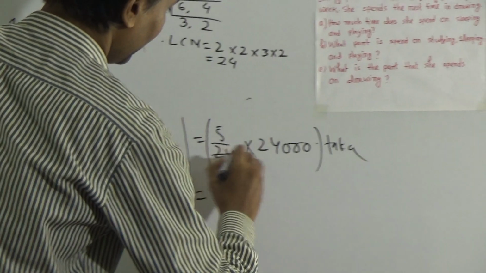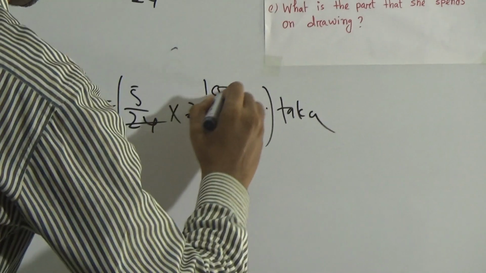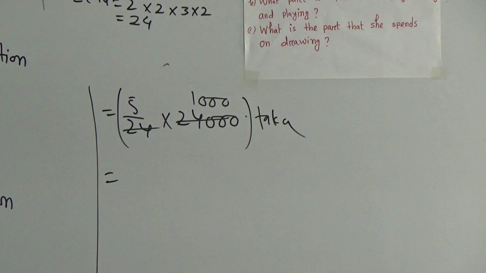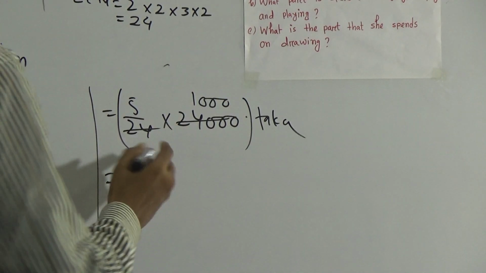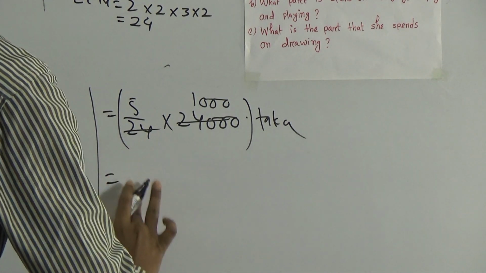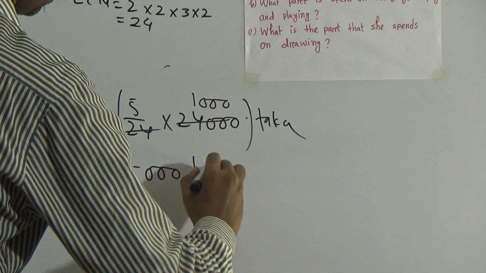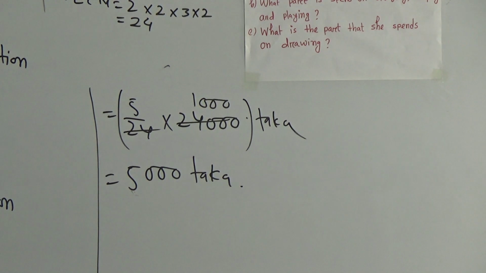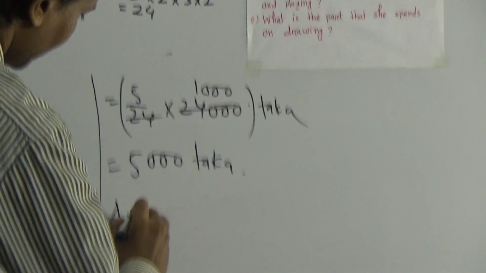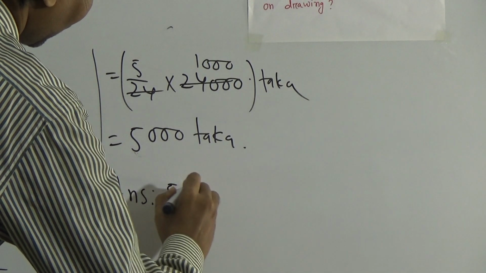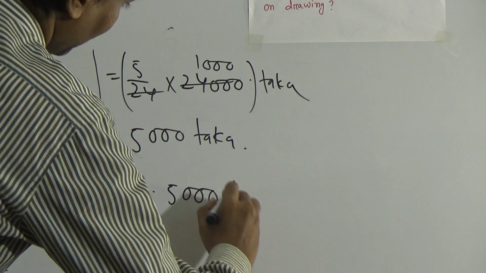Now you divide this by 24, then we get 1,000. Now multiply 5 into 1,000, then we get how much amount? 5,000 taka. Okay, now you write the answer: 5,000 taka.